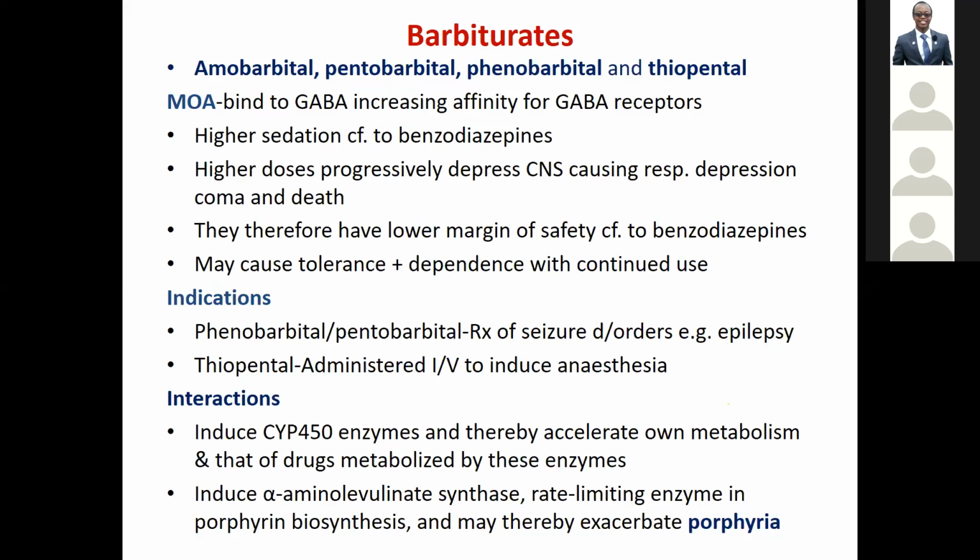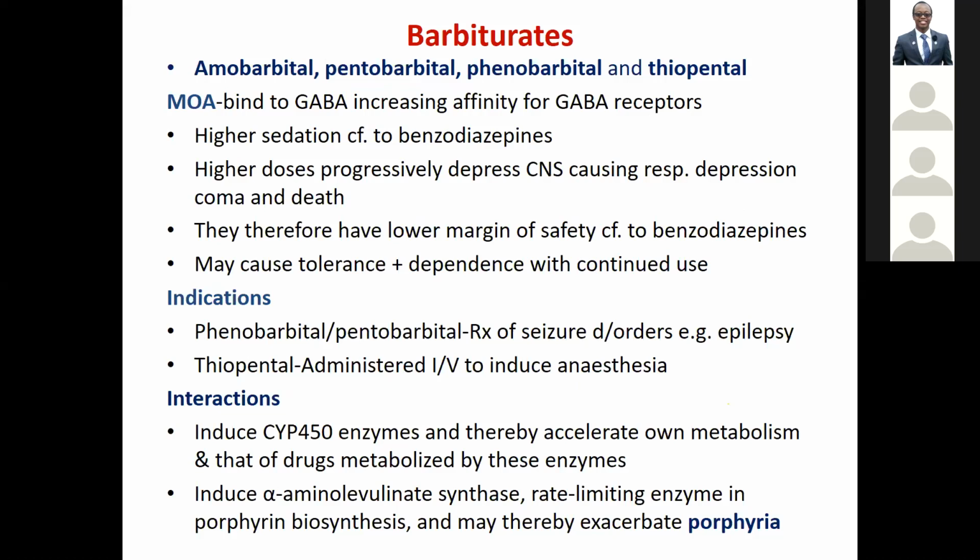Again, barbiturates are mainly used in epilepsy because they are cheap and efficacious, but they would not be used for anxiety because of the adverse effects, especially respiratory depression and also porphyria.